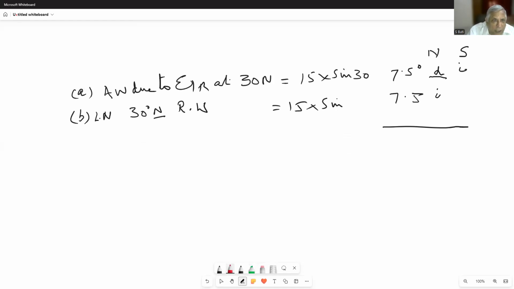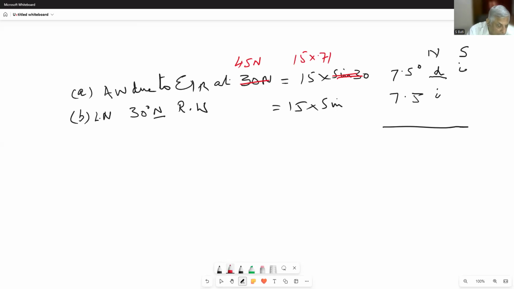But if I now take my aircraft to 45 degrees north when I'm flying here, now my wander will be 15 into sine of 45, which is 0.71.